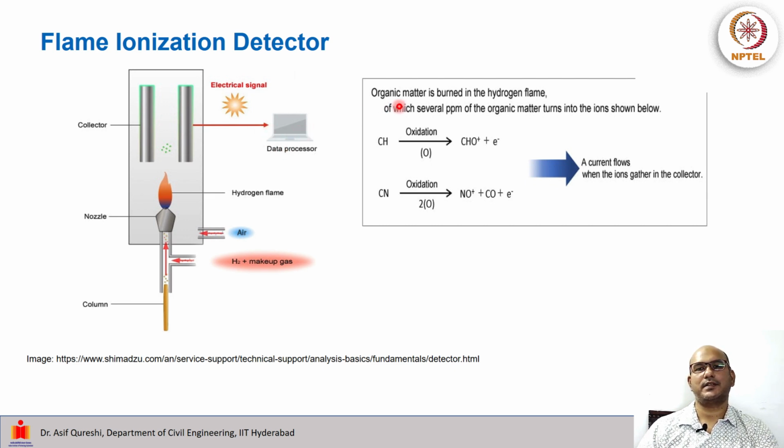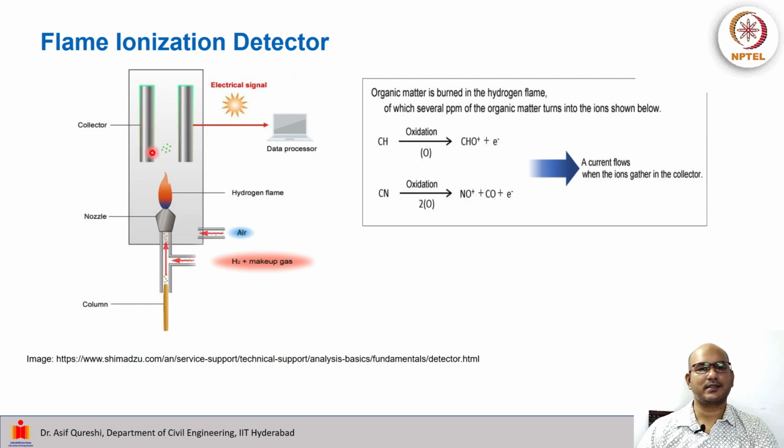For example, here we see organic matter is burned in the hydrogen flame, and then several ppm of organic matter will turn into ions. For example, here CH being oxidized or CN being oxidized, and these ions will be going to the detector.